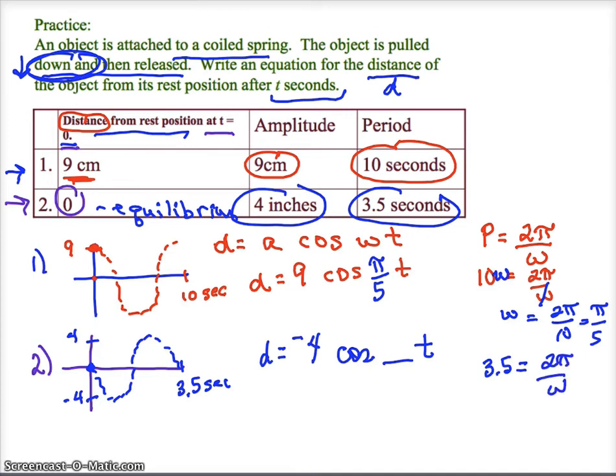So again, if we cross multiply and solve here, we would have 3.5 omega equals 2 pi, and then divide both sides by 3.5. And 2 pi divided by 3.5 comes out to be 4 pi over 7. And now we've been able to write two equations that model simple harmonic motion.